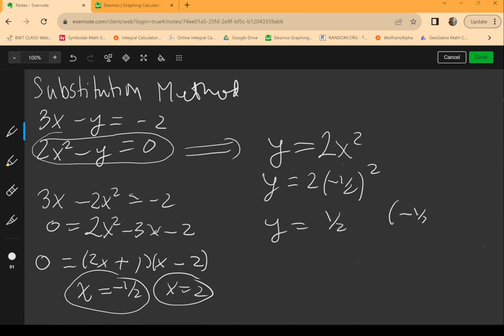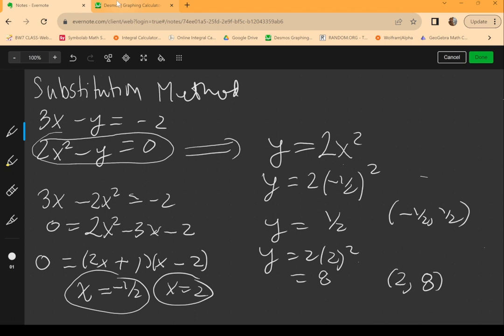So here we have our first solution, this ordered pair. And then for my other one, I plug in 2, we get 2 squared is 4, times 2 is 8. So the other solution is the ordered pair 2, 8.